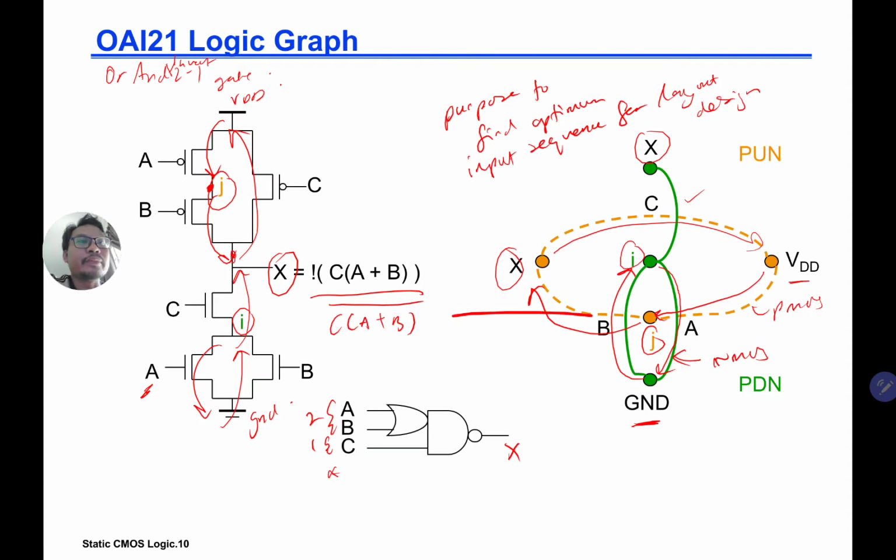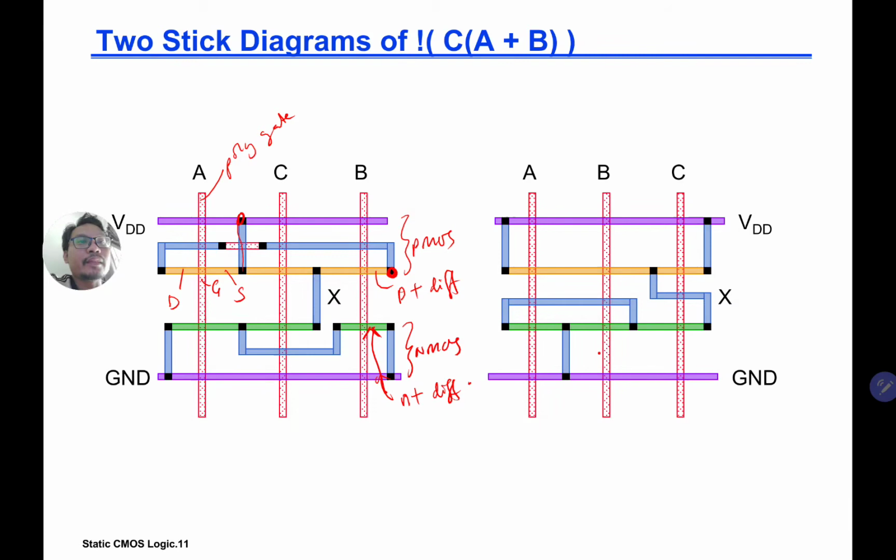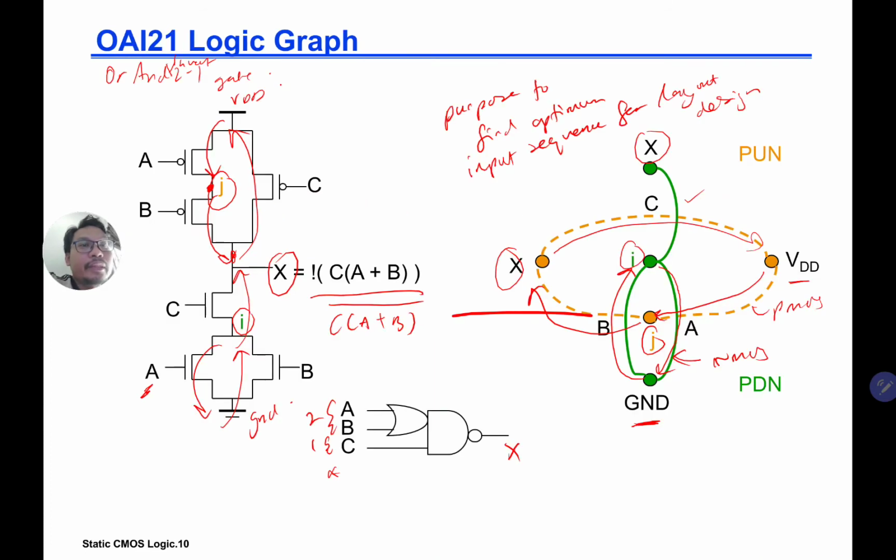You can see from here B is connected to A and X. And X here is also connected to C of the NMOS and the C of the PMOS.